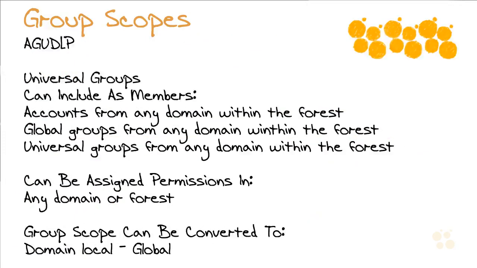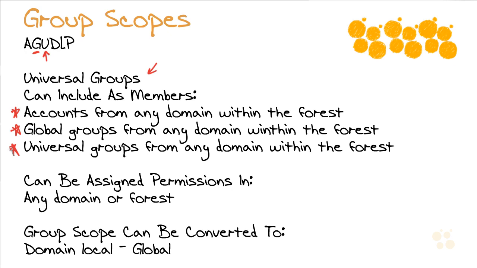So per the memory aid, where do those global groups that we just looked at go? They would be placed in universal groups in a large forest environment with many domain trees, or even a multi-forest environment where we're creating trusts between the different forests. The universal group can include as members accounts from any domain within the forest, global groups from any domain within the forest, and universal groups.